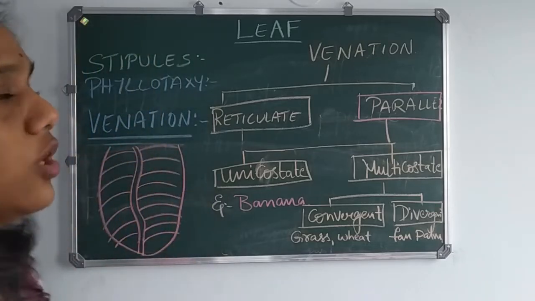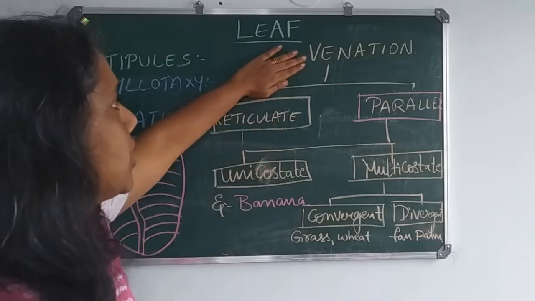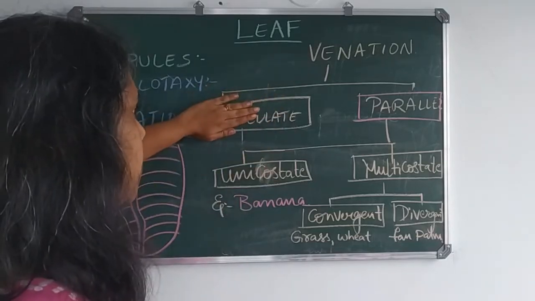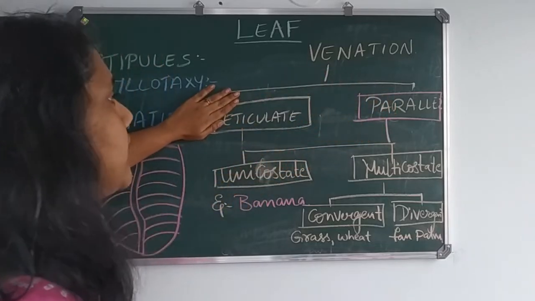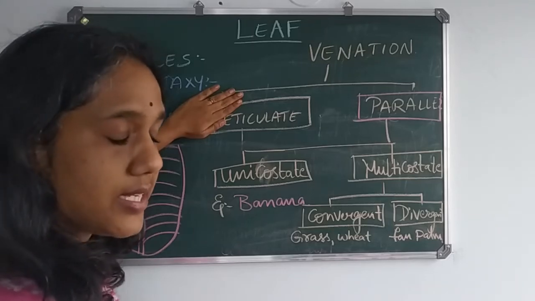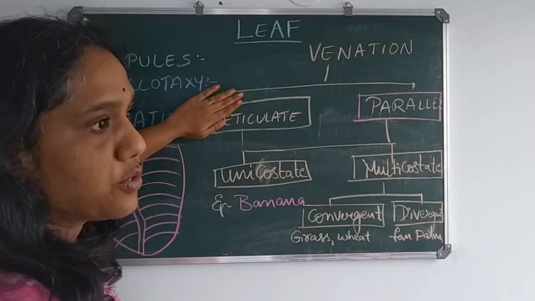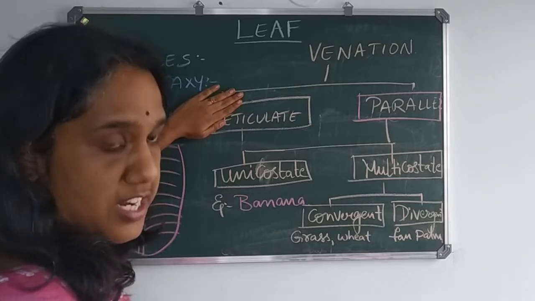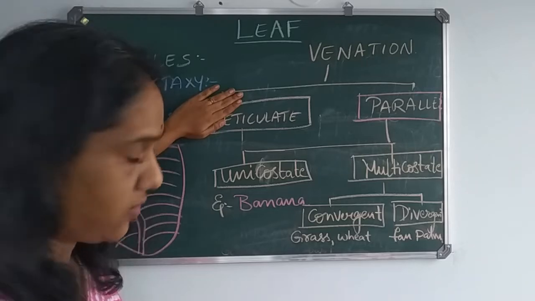So this is about venation. I will just summarize again. Venation is of two types: reticulate venation and parallel venation. Reticulate venation is mostly mesh-like or network-like. It is mainly seen in dicotyledonous plants. But there are three exceptions where monocots also show reticulate venation: Smilax, Dioscorea and aroids.